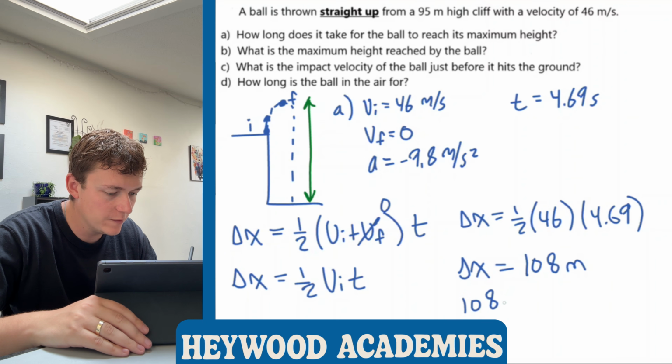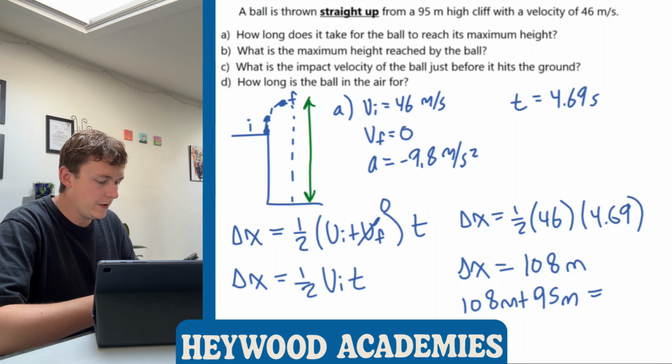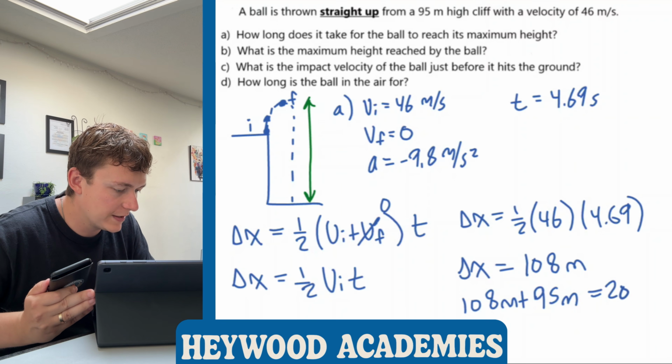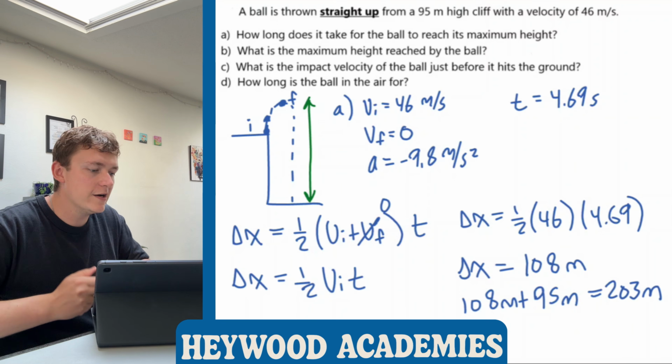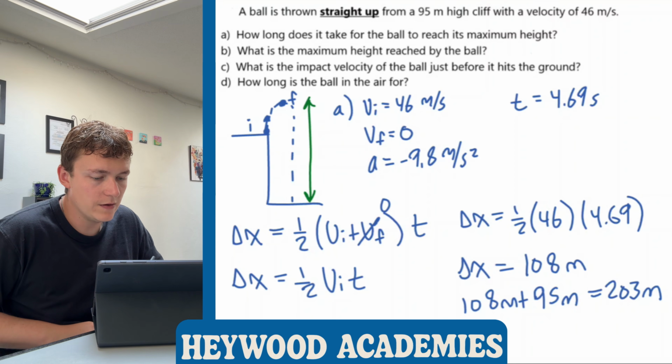Our final answer would be 108 meters plus 95 meters to get us all the way from the ground to the very top. In some questions they're more specific and clear, but if they're not, you can always double check with your teacher to see what they're looking for. Okay, so that's our answer for part B.